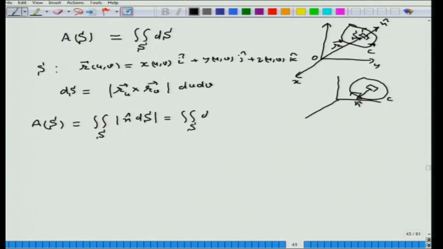Now, this n cap dS will then be, if you define this capital N as R_u cross R_v, then we know that this is normal to the surface, because R_u and R_v constitute the tangent plane, and so R_u cross R_v gives you the normal to the plane described by the R_u and R_v vectors.